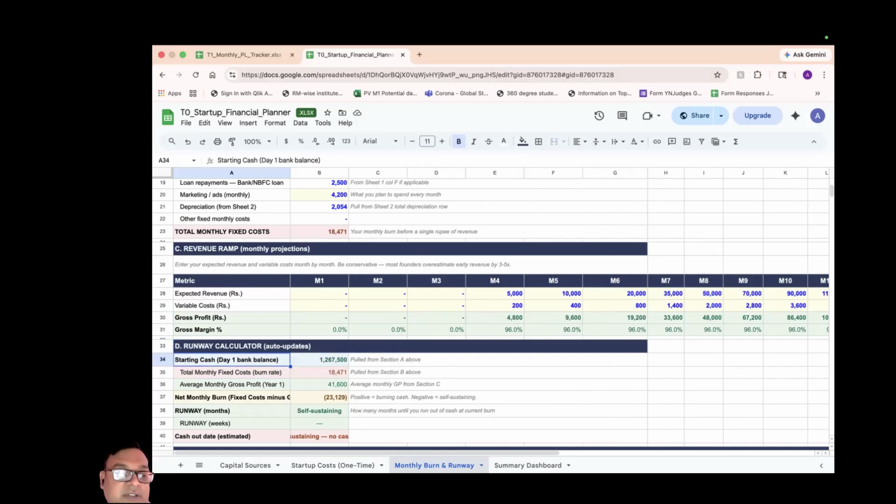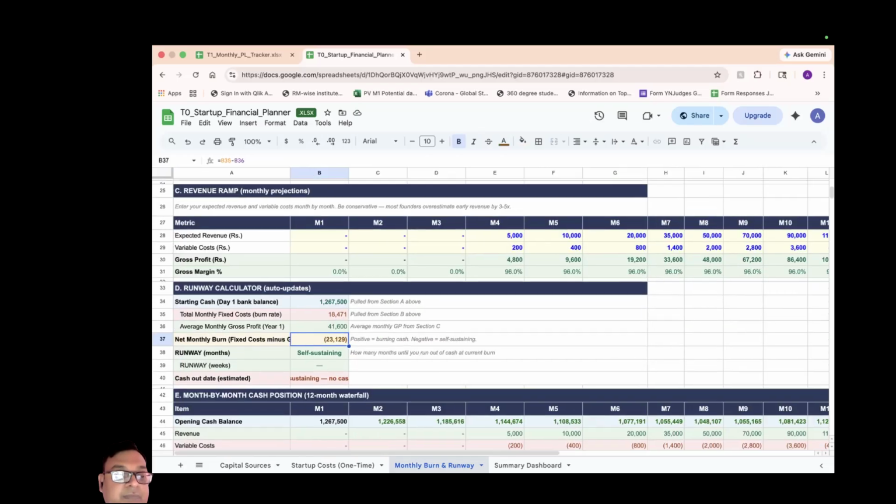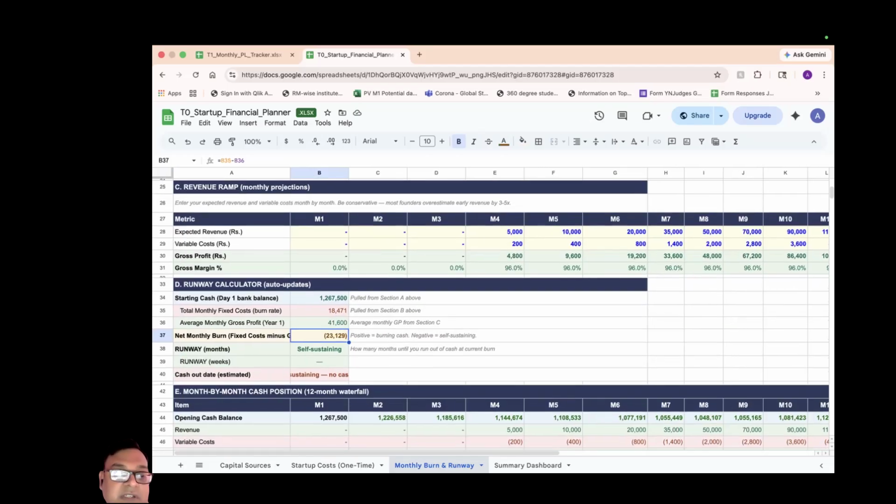Then the runway calculator, very simple. Starting cash position is this much. This is pulled from section A above. Total fixed cost, that's the burn rate. We know that average monthly gross profit is this much. And the net monthly burn is 23,129.